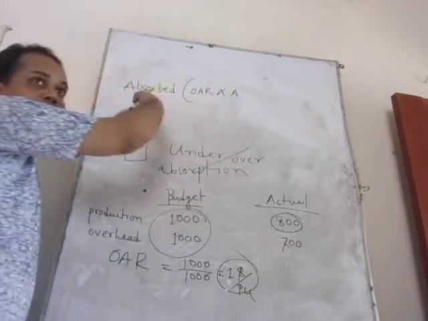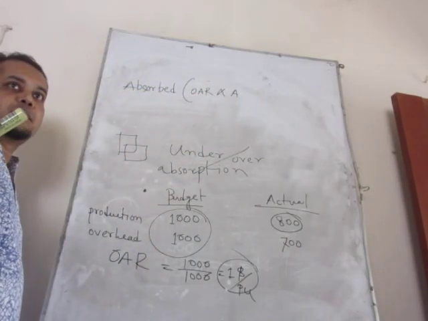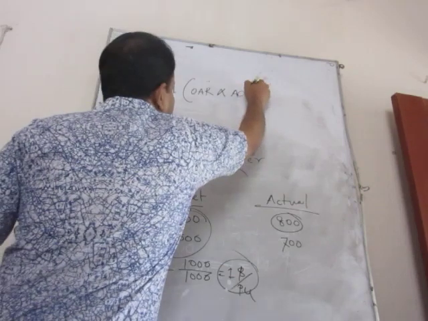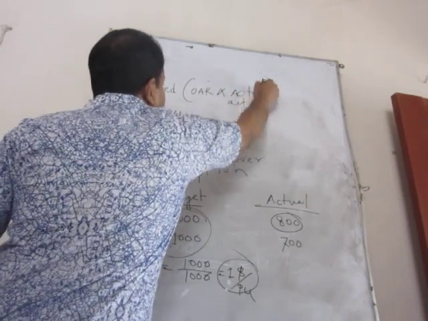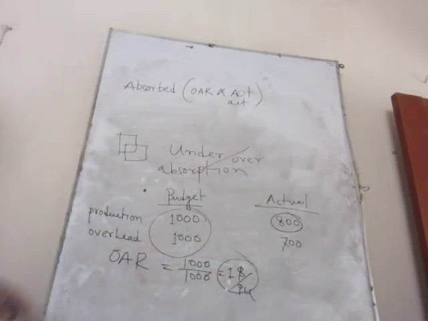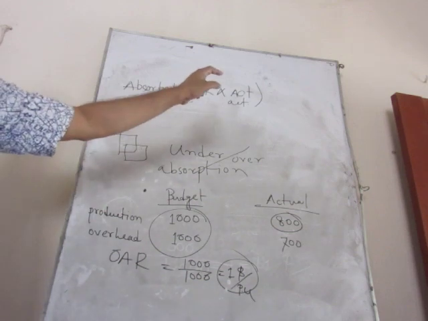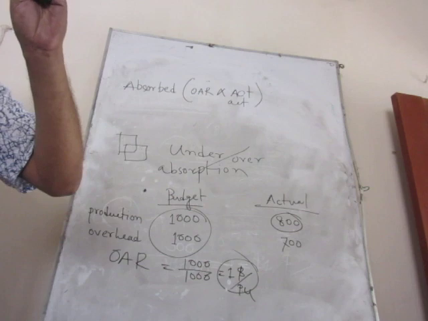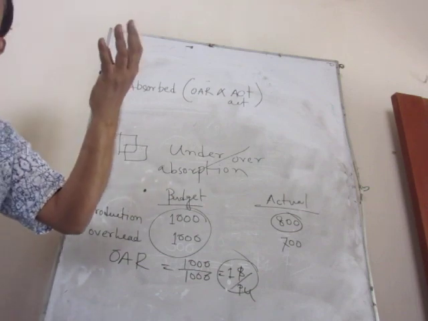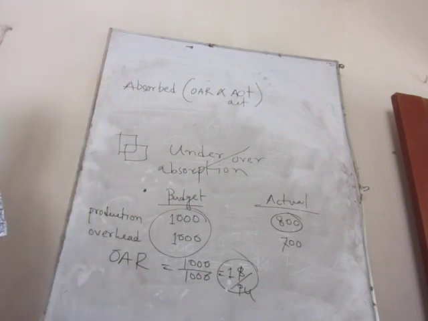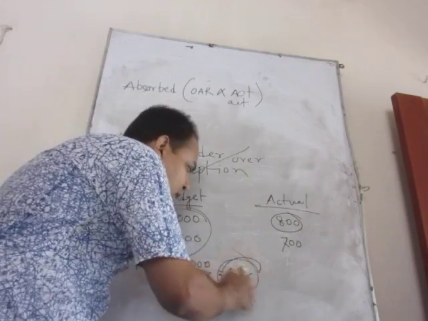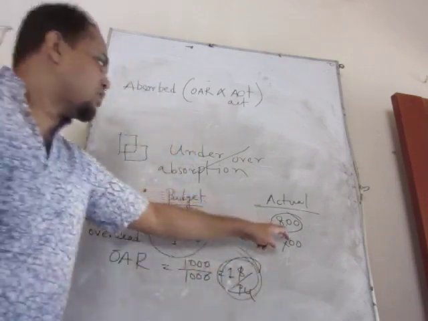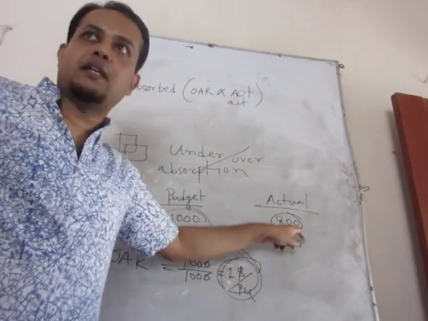Absorb means the rate multiplied by the actual activity. See what we mean by this absorbed. How much overhead you are expecting to generate in producing the actual units. So you are expecting $1 per unit and actually producing 800 units.